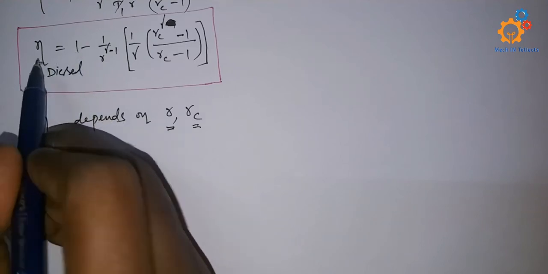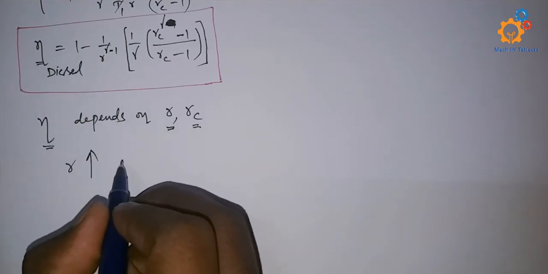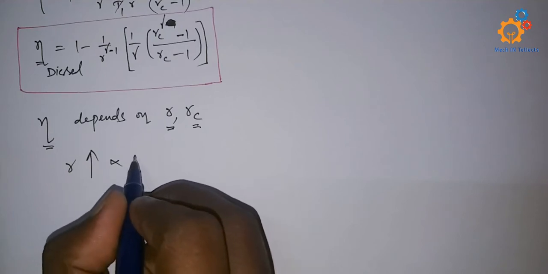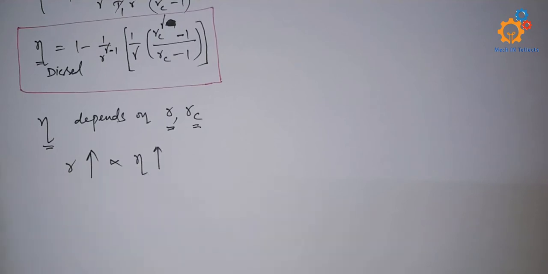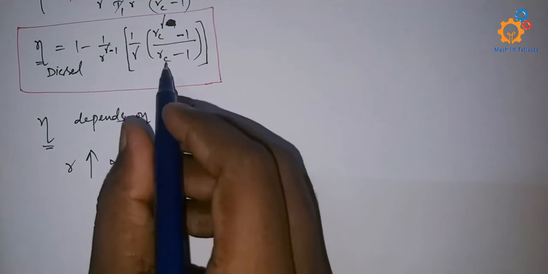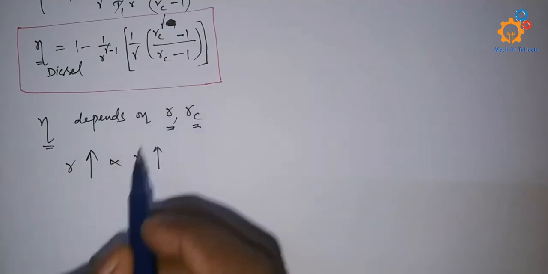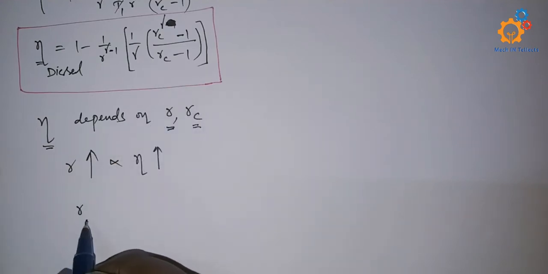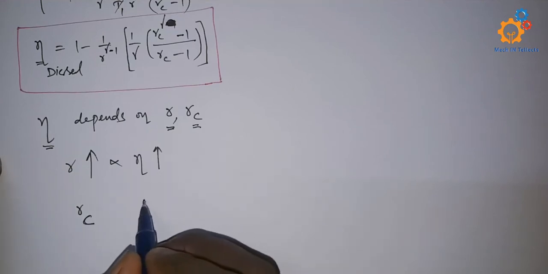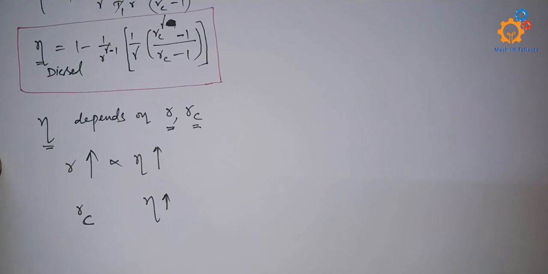That means more efficiency. That means compression ratio is directly proportional to efficiency. Let's see cutoff ratio. How should the cutoff ratio be to increase the efficiency of diesel cycle? Should we have least cutoff ratio or maximum cutoff ratio?